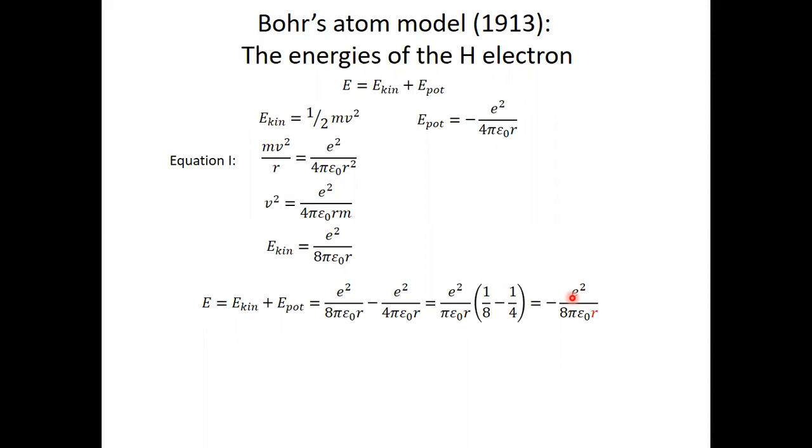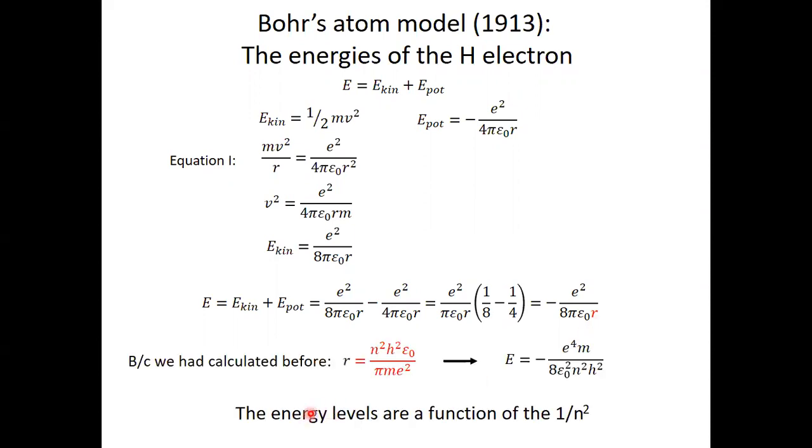Now you see that the radius r appears in our result. We have previously seen that the radii are quantized, and we have the mathematical expression for the radius as a function of the quantum number n.